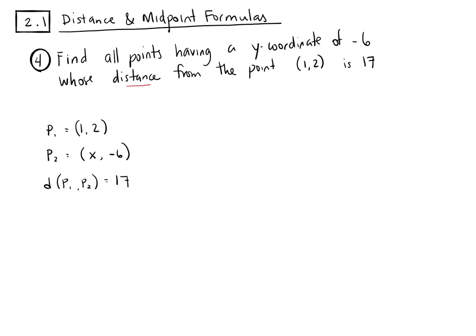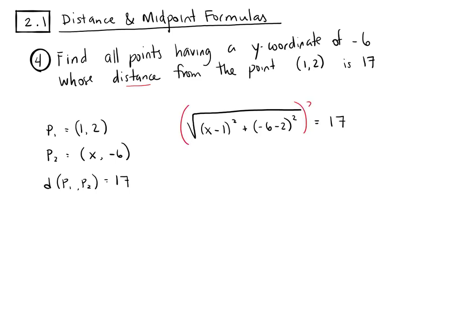So we're going to use the distance formula. We're going to write that in. I'm going to say x minus 1 squared plus negative 6 minus 2 squared. And then I find that distance. I want it to be 17. So in order to solve this, I'm going to simplify some of these. I actually might square both sides also.